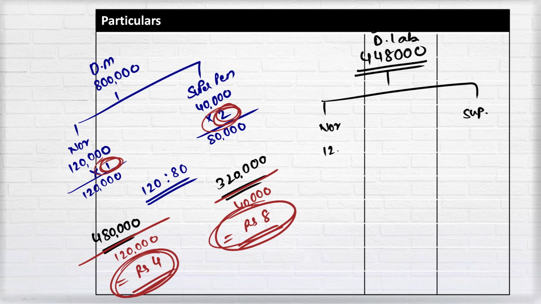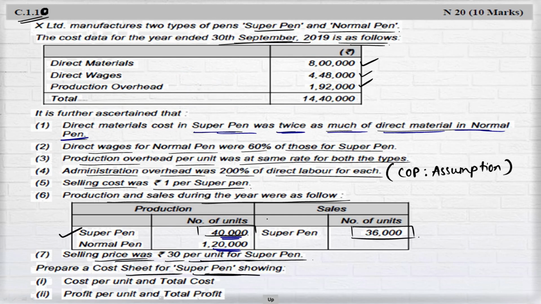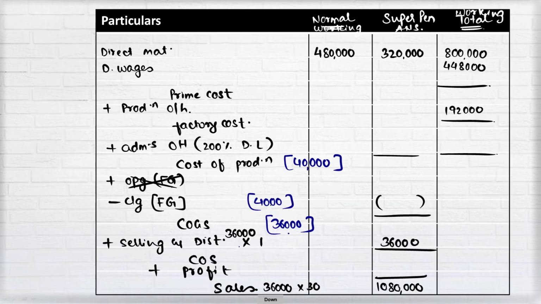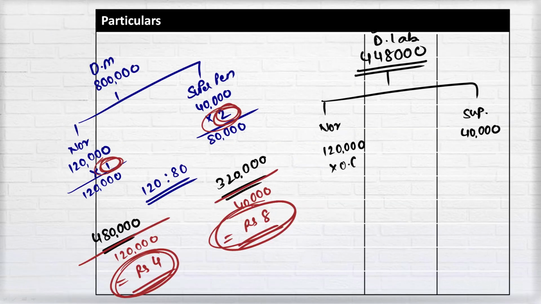A good ratio is 1,20,000 and 40,000 if the labor cost per unit of normal and super pen is same, but the labor cost is not same. Direct wages for normal pen was 60% of those of super pen. See what I am multiplying. Multiplied by 0.6, multiplied by 1.